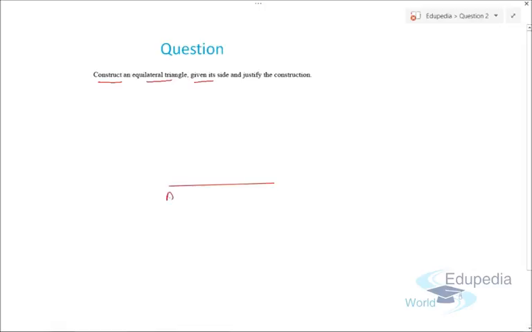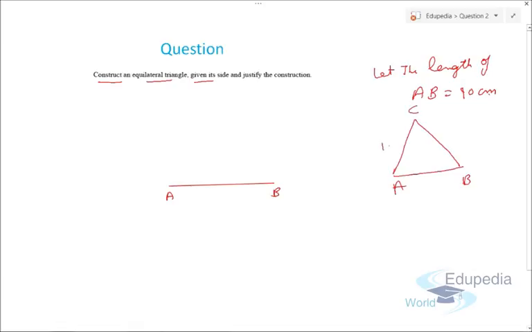Let's say this is A and B, and let the length of AB be 10 centimeter, right? Now in an equilateral triangle, the length of all the sides are equal, right? So this means this should be 10, this should be 10, this should be 10, right?